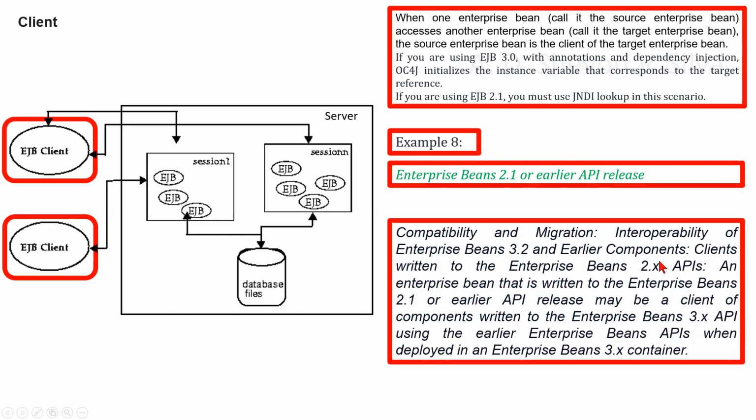Now we are considering clients written to the enterprise bean 2.x APIs, and interoperability of enterprise beans 3.2 and earlier components, in compatibility and migration. An enterprise bean that is written to the enterprise beans 2.1 or earlier API release may be a client of components written to the enterprise beans 3.x API using the earlier enterprise beans APIs when deployed in an enterprise beans 3.x container.